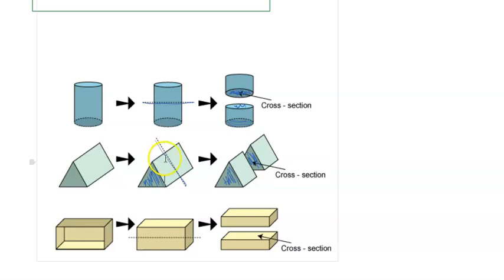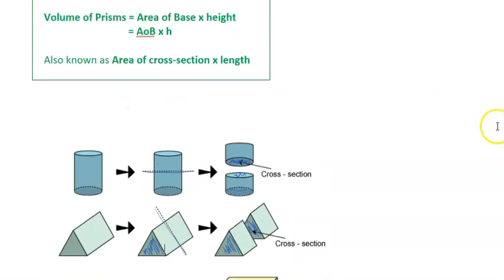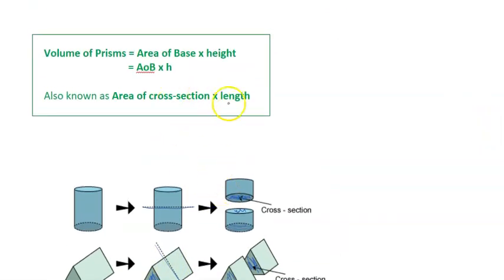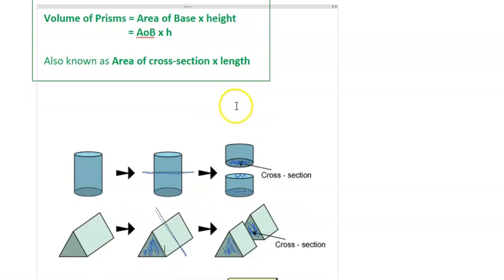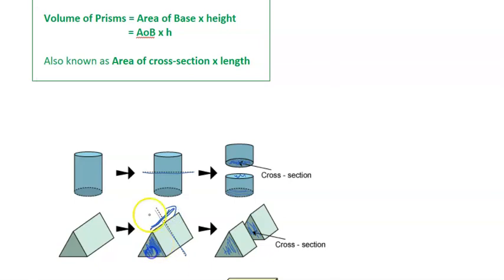So that's why we can think of this formula as area of that cross-section times the length, or area of the base multiplied by that height, depending on the way that you stand it. Don't mind which way you think about it, as long as you know that you've got to get the area of whatever that face is on the end and multiply it by that third dimension.